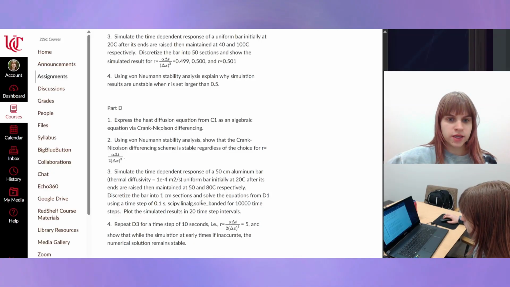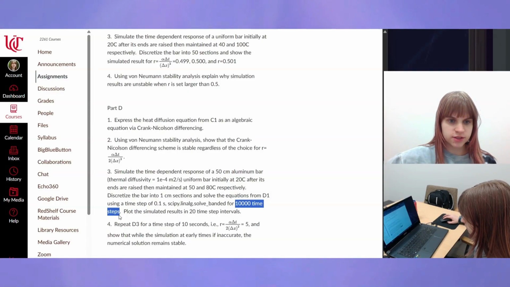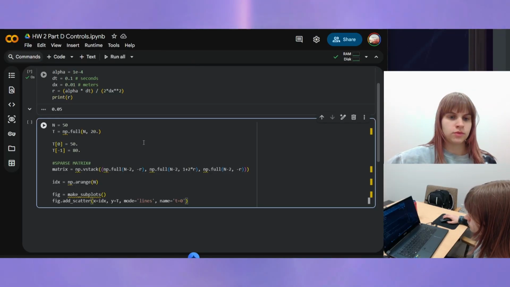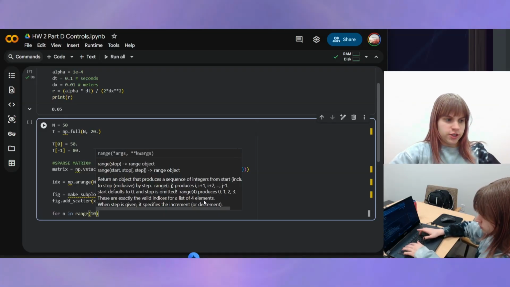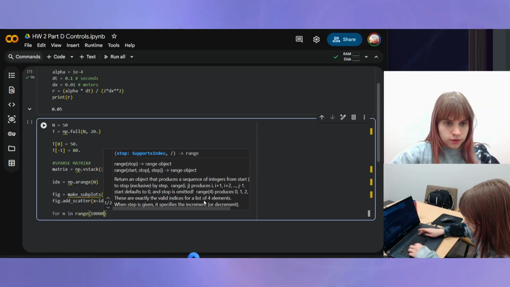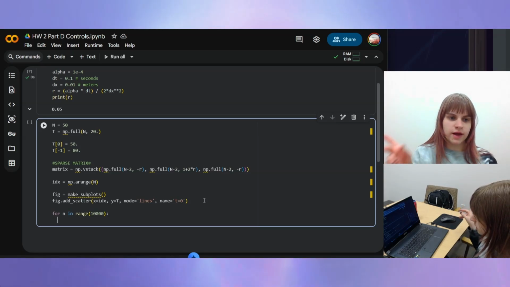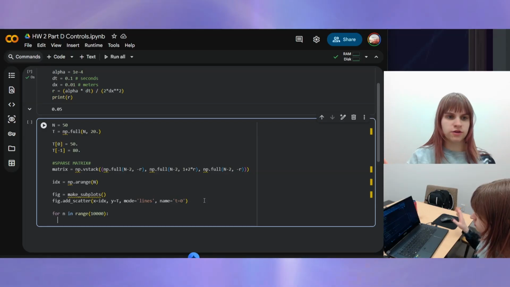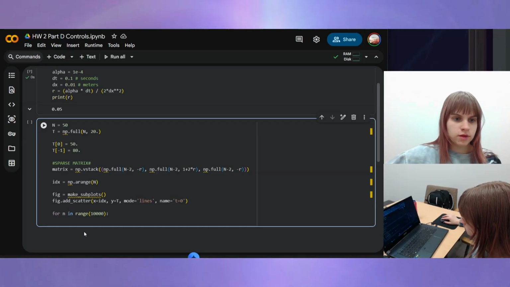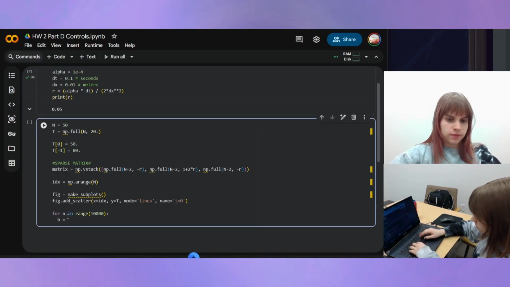And now we need to do our for loop to get the 10,000 time steps. So for n in range 10,000. So now we're doing the known side, which was the right-hand side of our vector, in which we know what is happening at a certain time, and we're going to call that b.